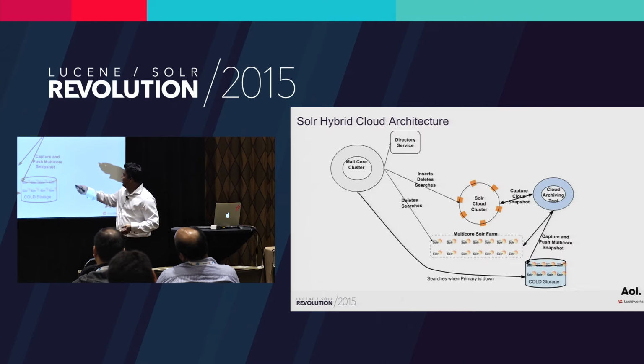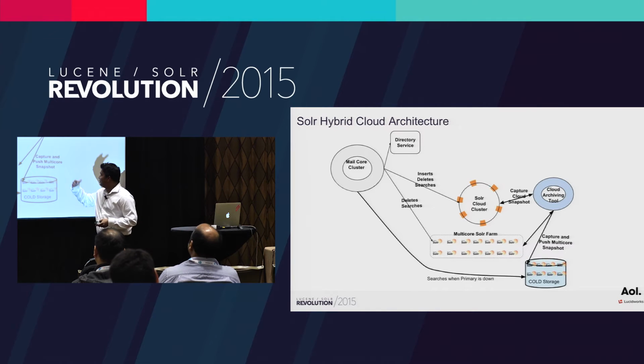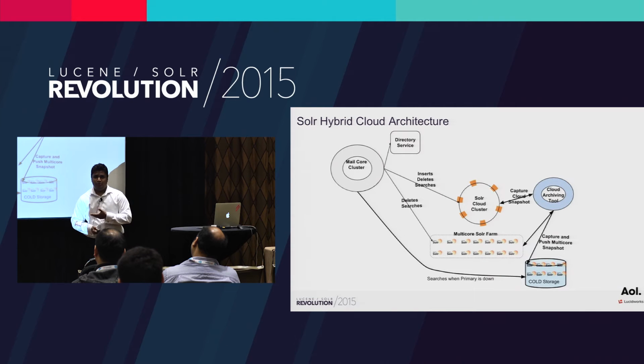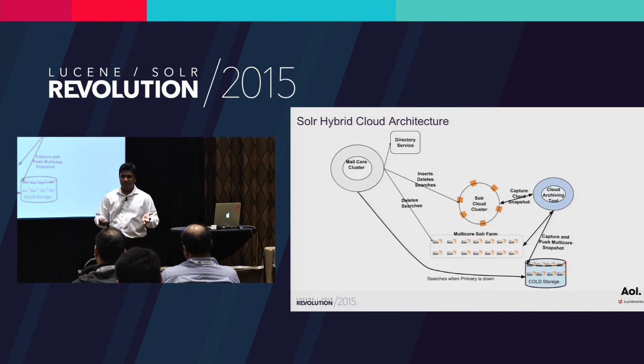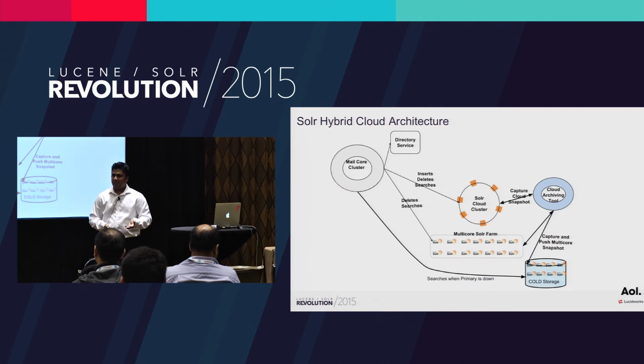When we moved to this architecture, the first thing we saw was that all the inserts only need to go to the cloud part, which we decided to run on SSDs because that probably gives us the best performance for our load. We started working with Solr 4.0, and many of the things that were missing are available now in 5.3 and 4.10.